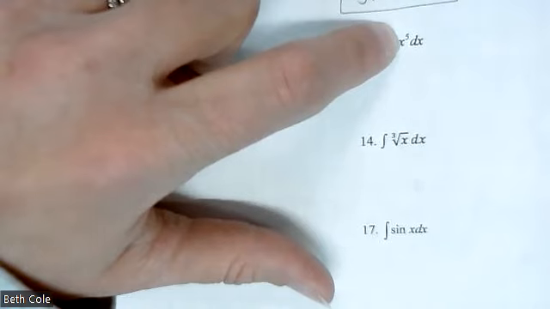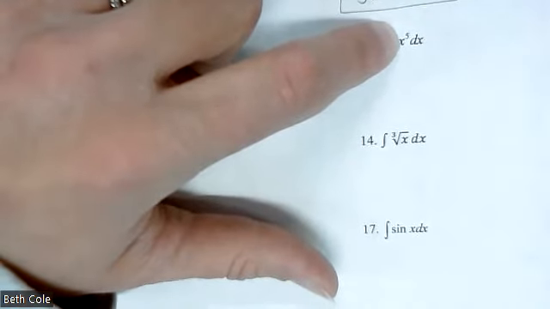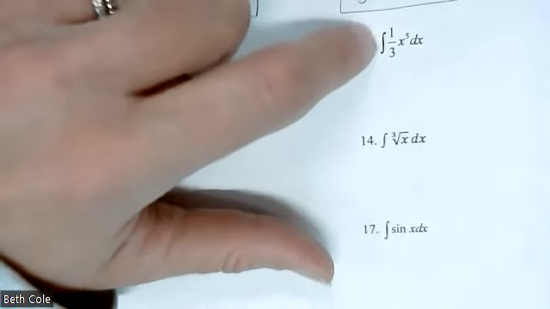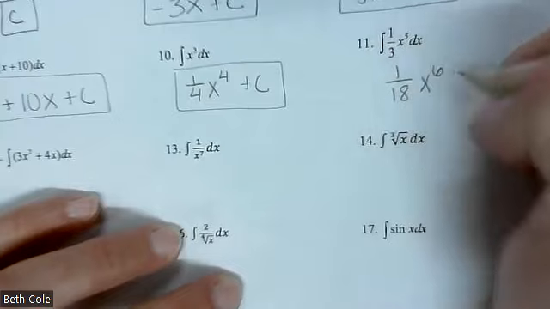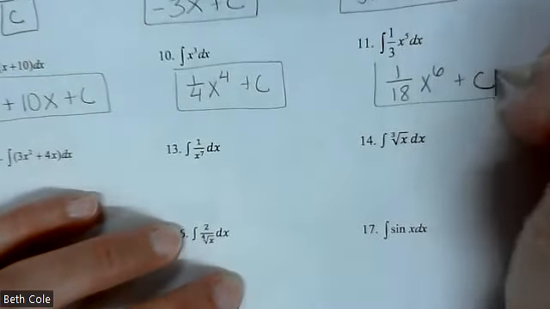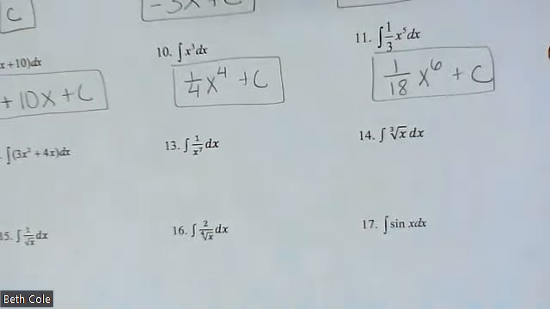Good, it would be 1/6 x to the 6th, but you would have to multiply that 1/6 times 1/3. Good, 1/18 x to the 6th plus c. That's really common. That just happens all the time. That's just like a thing.